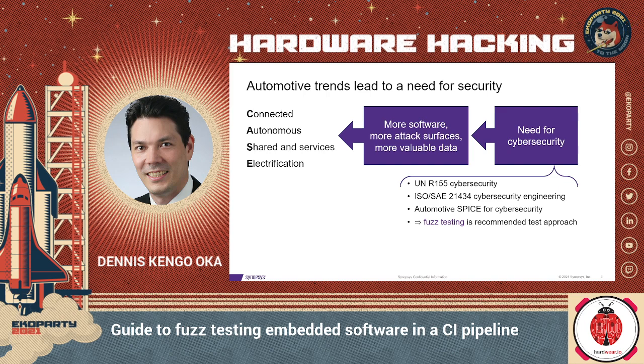And both in the ISO SAE 21434 and Automotive SPICE for cybersecurity, fuzz testing is mentioned as a recommended test approach. One thing to note about fuzz testing is that to achieve better results, it is better to execute fuzz testing as much as possible. For example, continuously in a CI, continuous integration pipeline.